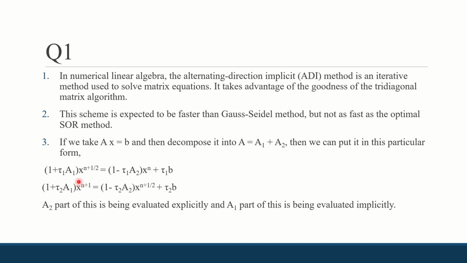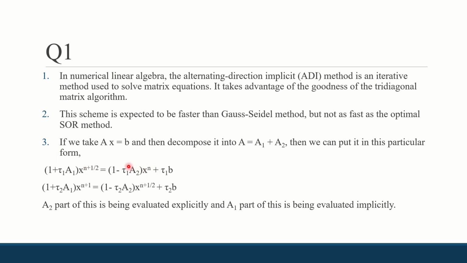In order to move from n to the n+1th time step, in between we have one more half step, the n plus half time step, and then we move on to the n+1th time step. This one is an implicit one, this one is an explicit one. So this method goes by step, and finally we obtain the solution.